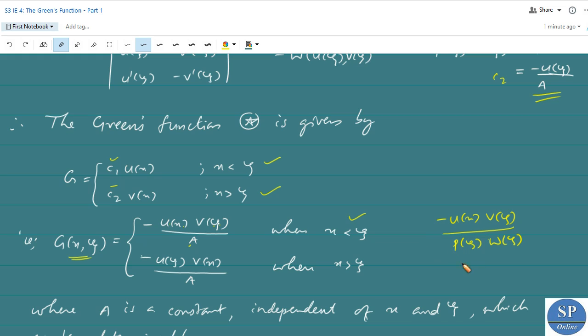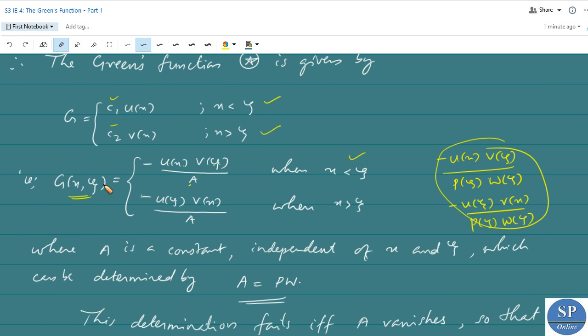This is g1, and g2 is minus u of zeta v of x divided by a, that a is p of zeta w of zeta, right? So we can either use this also, or you can use this only.